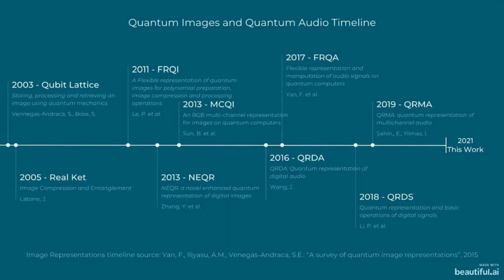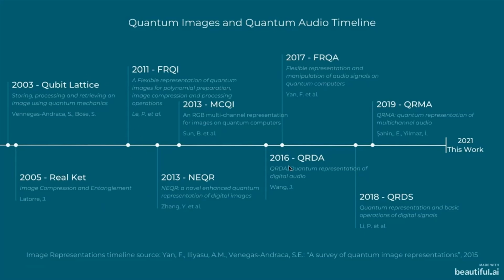And the interesting thing is that many of these quantum audio representations were derived from and learned a lot from the quantum image representations. They are really the analogous, the correlate of these quantum image representations. So if you go to the literature about quantum images, you can learn a lot about quantum audio, of course with some differences.